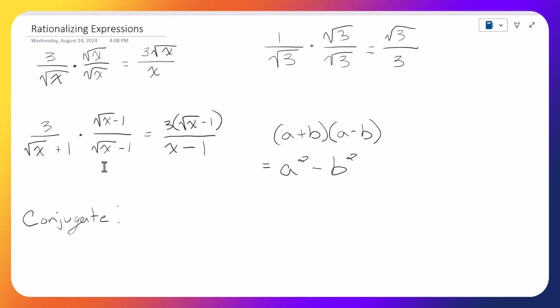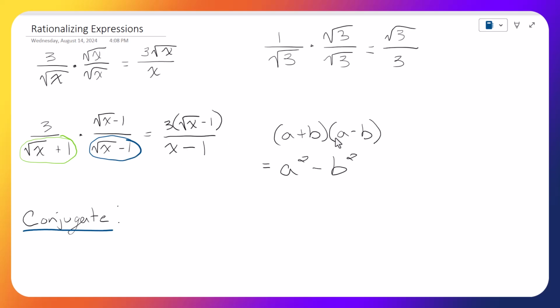And so a word I want to introduce to you, or maybe remind you of if you haven't heard it before, is conjugate. And that's what we just did right here. A conjugate is just where you take your binomial, because this has 2 terms, and you multiply it by the same binomial, except you change the sign.